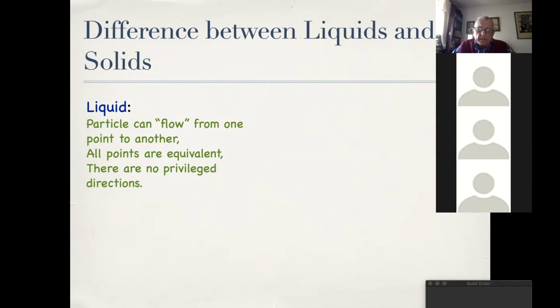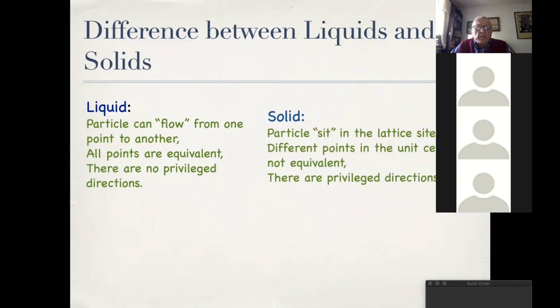So let's look at the solids. The solids are substances where the constituent particles sit on given points in space. In most cases, the structure which arranges those positions in which the particles sit is one of the crystallographic lattices.